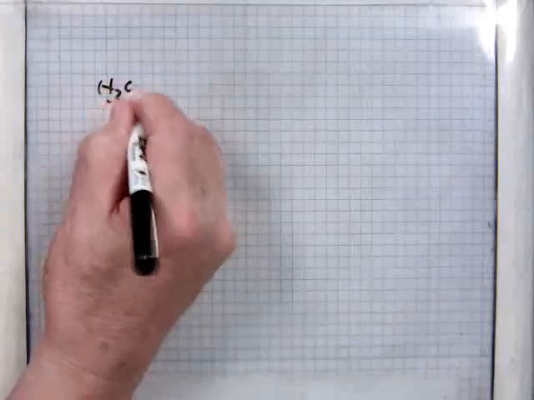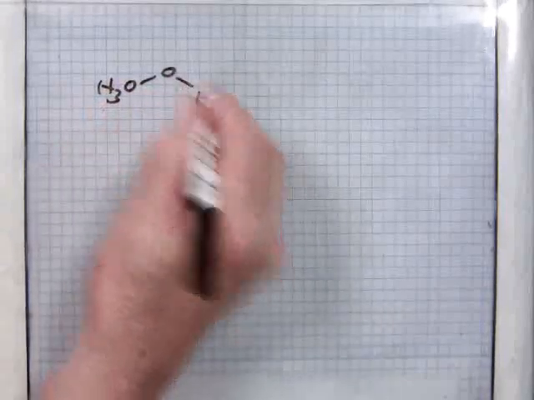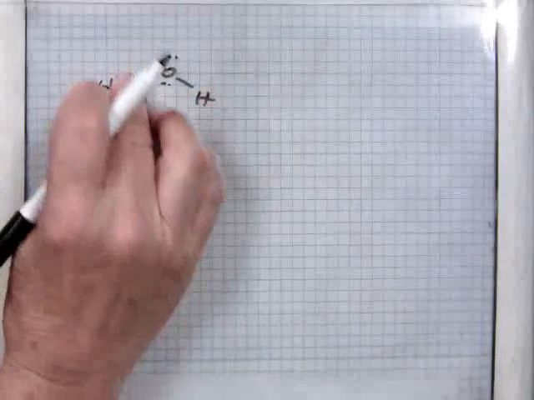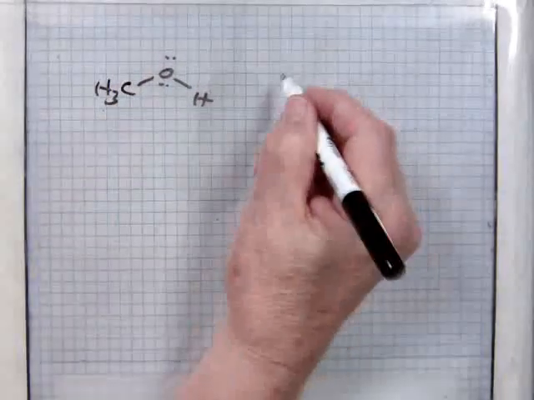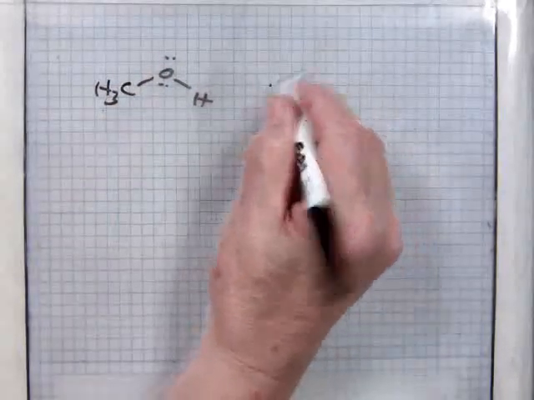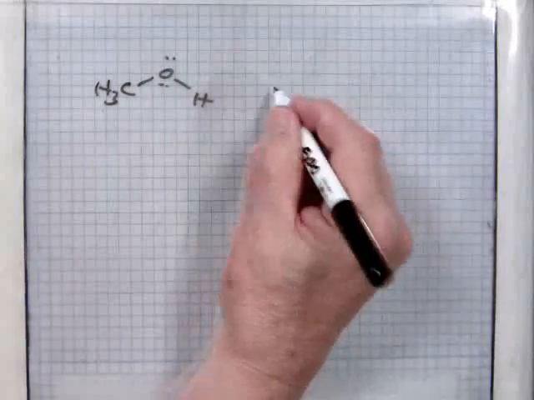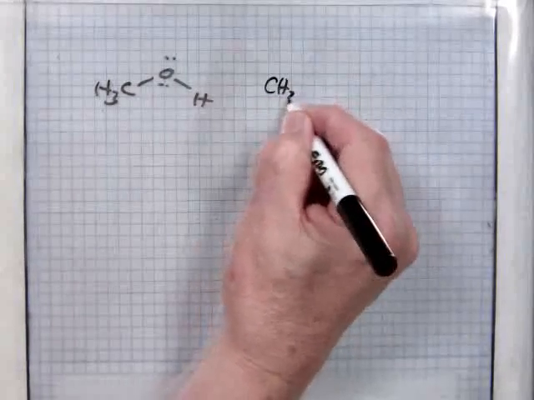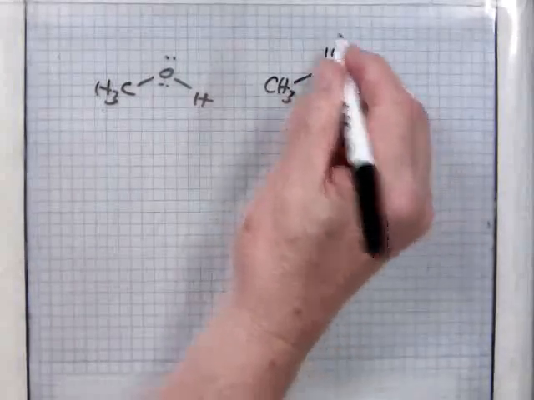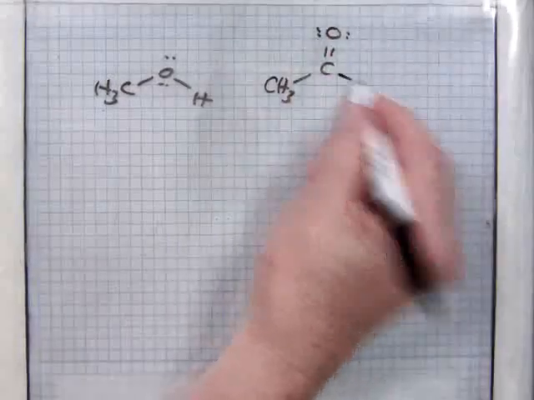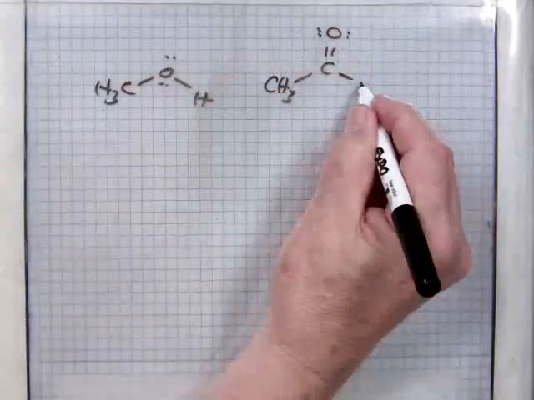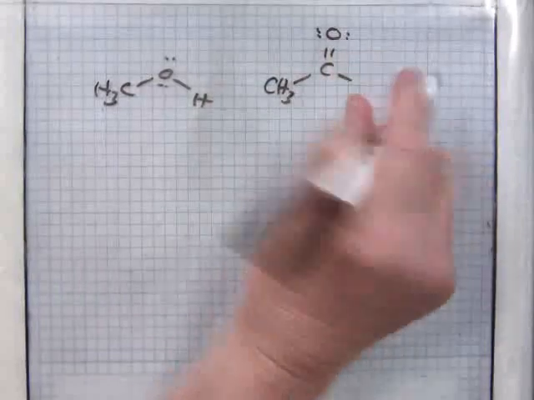Take methanol. It looks like this in a geometric format. And then you have what we call acetyl chloride. I don't expect you to learn what this is in acetyl chloride.